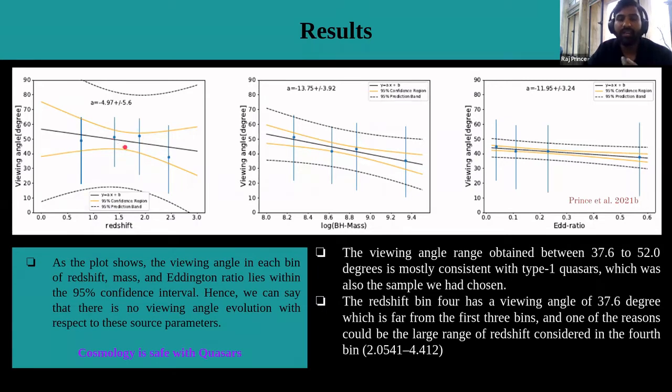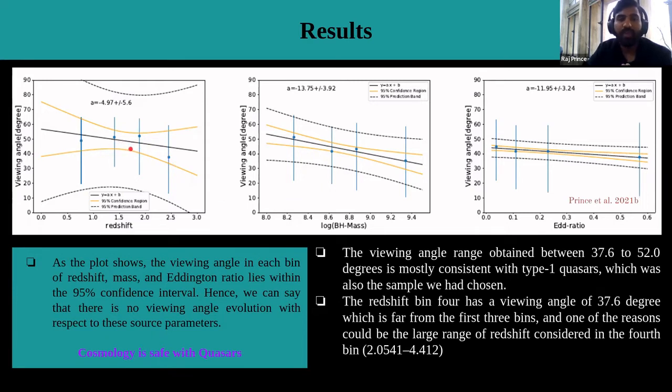This is some disagreement with the model that we developed earlier. In the model that I showed earlier, we are making some error if we assume the same geometry at high redshift as at low redshift. But from the data, we see that there is no clear trend up to redshift 4.